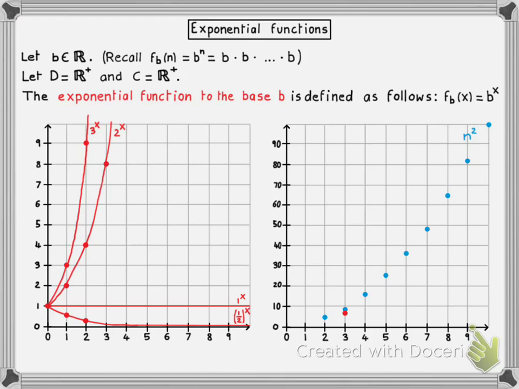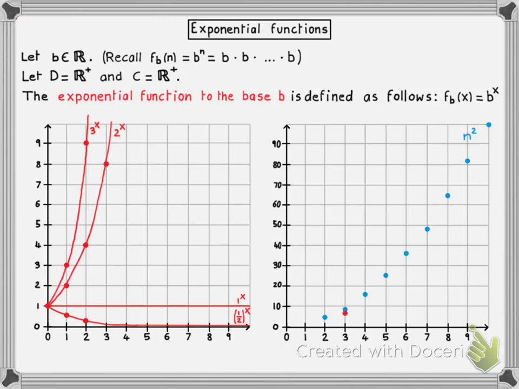What do we get? Well, let's start with the first point we can really see: 2 to the power 2 is 4, so that point would appear on top of this blue one. And then 2 to the power 3 is 8, which appears right under the 9 here for the square of 3, which is 9.